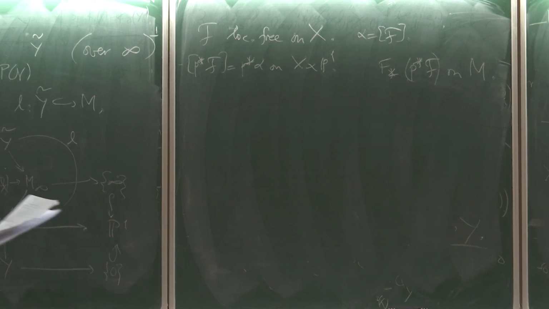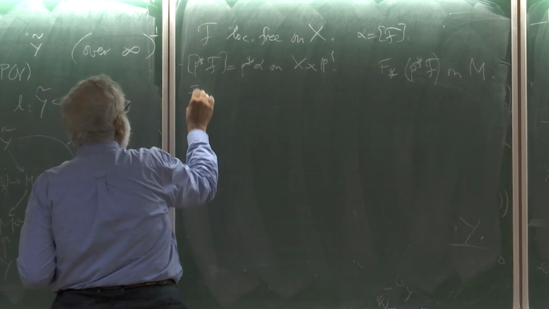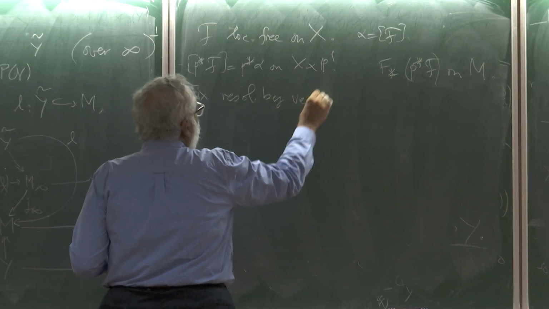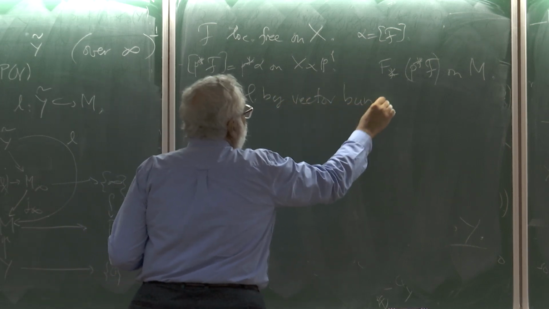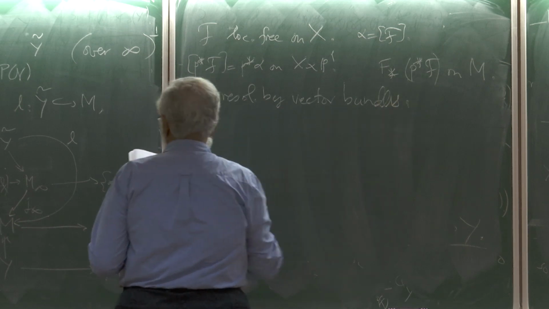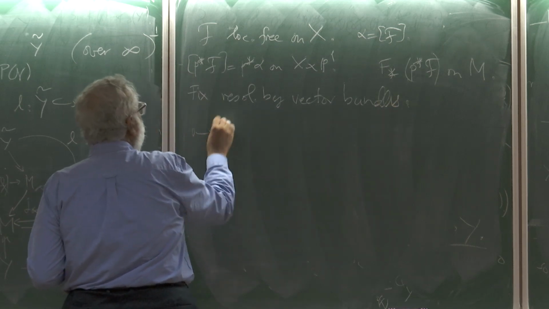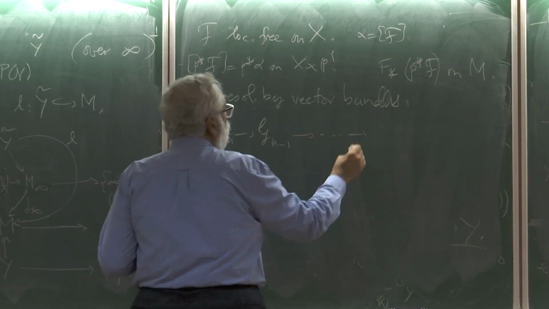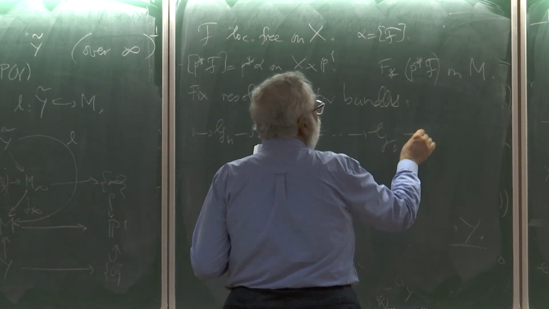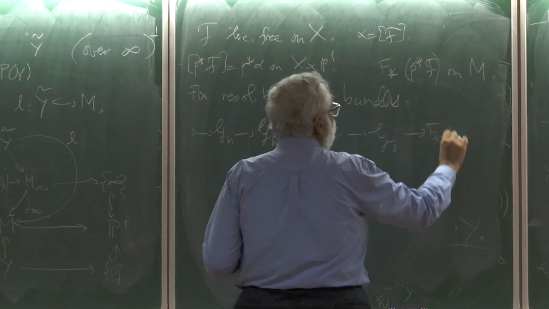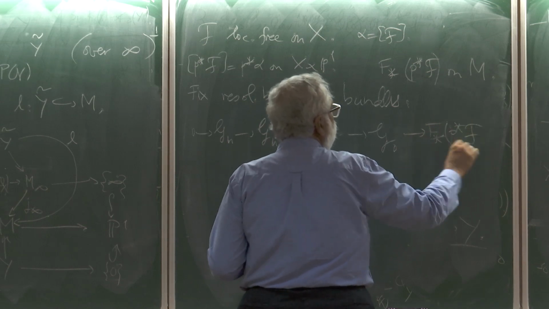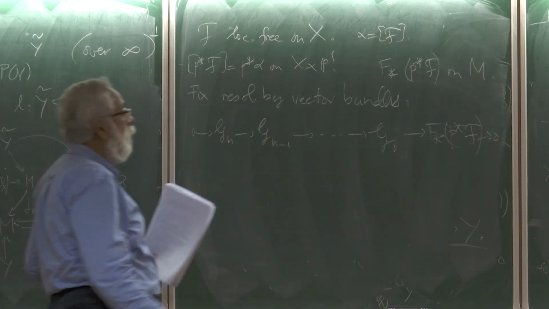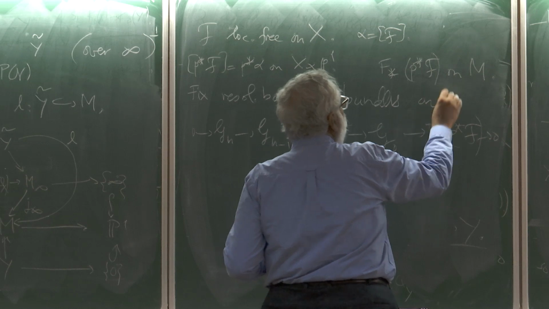Let's just choose one. Fix a resolution: zero to G_{n-1}, through G_0, to F lower star P upper star F, to 0. This is on M.